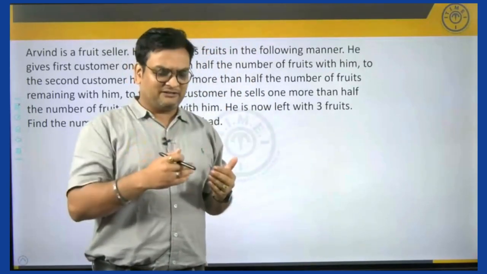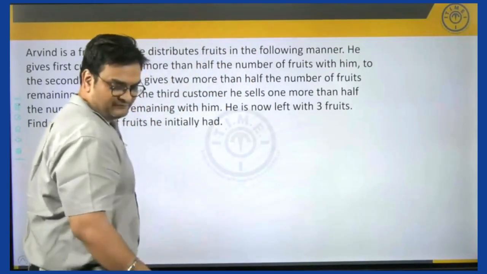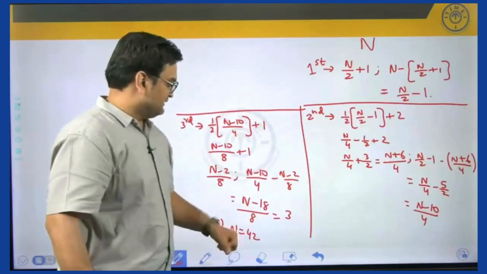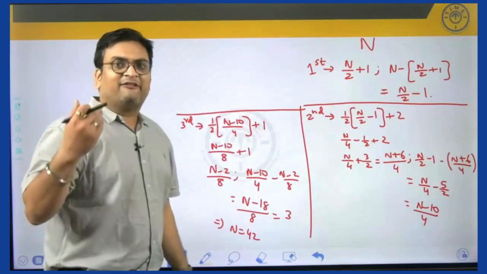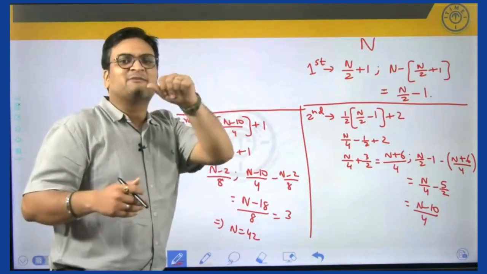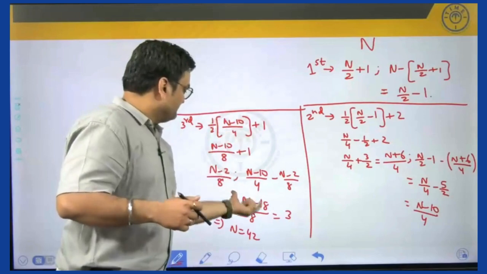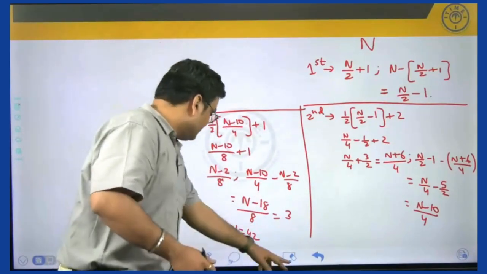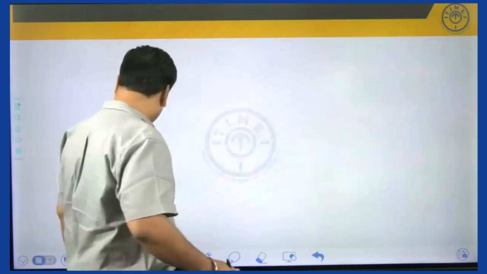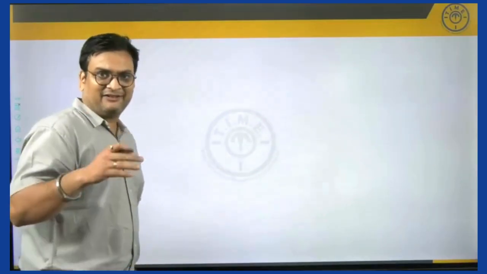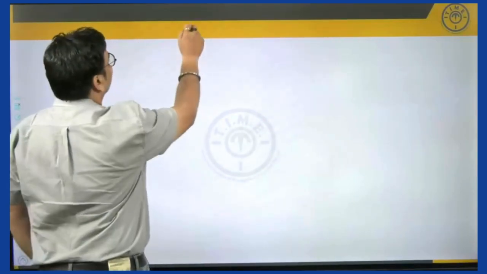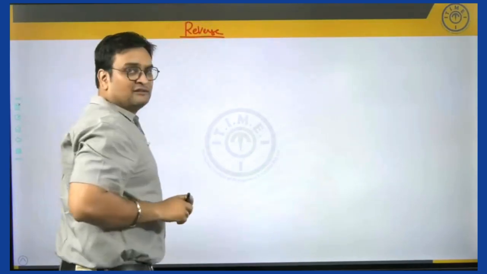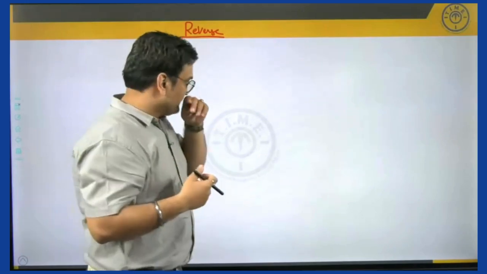Just imagine, if there was a fourth customer also, then there would be a similar amount of working needed for the fourth customer also, which is very, very complicated if you ask me, right? So how can we avoid this? As I said, we'll go with something called a reverse approach. So let's look at what the reverse approach is.